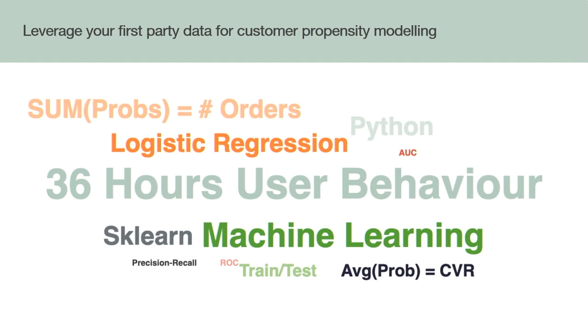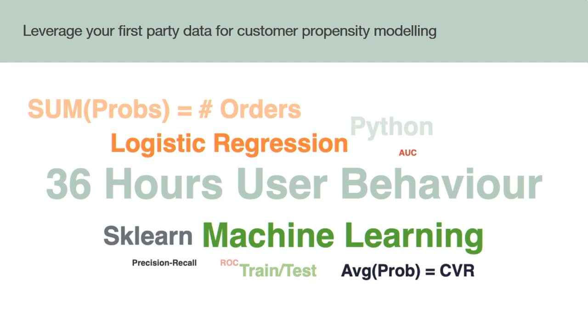But in practice, what we do is we look into the first 36 hours of user behavior within our website and beyond, for example, email data as well. We predict the likelihood of those customers converting, and then that's it, really. We feed those values back to Google.